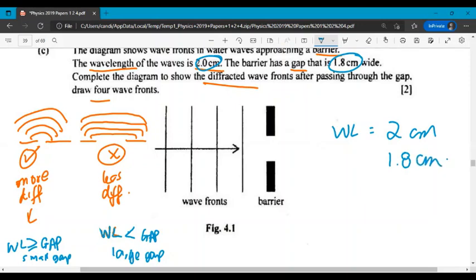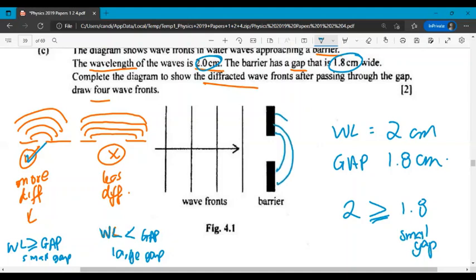Okay, so in this case, 2 is greater than 1.8, so that's a smaller gap. So we expect that we will have some significant curving. So we're going to draw 1, 2, 3, 4 curved waves.